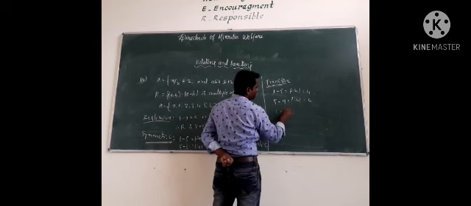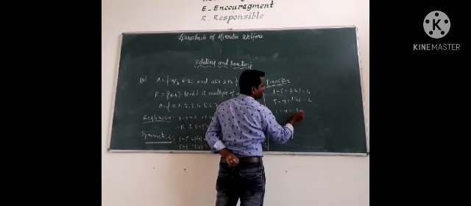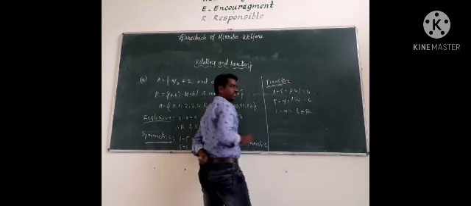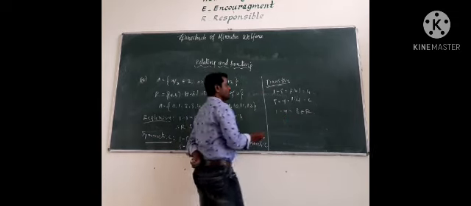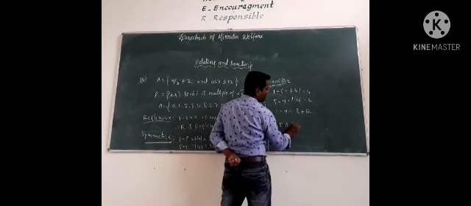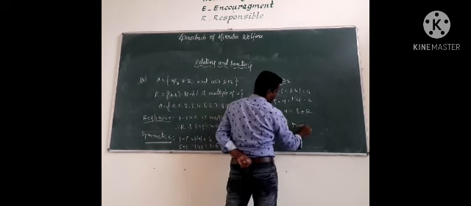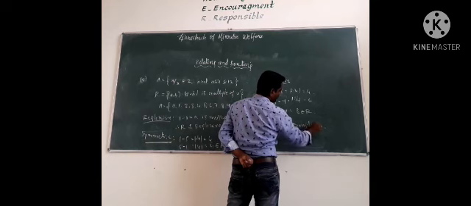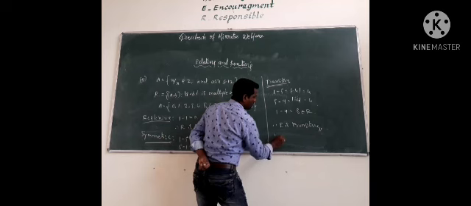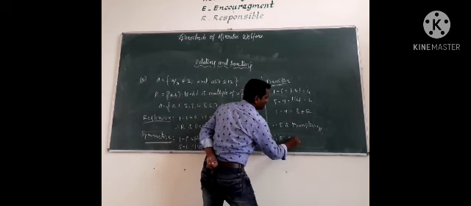Next, 1 minus 9 is equal to minus 8, and 8 is also a multiple of 4. Therefore, R is transitive. This implies R is an equivalence relation.